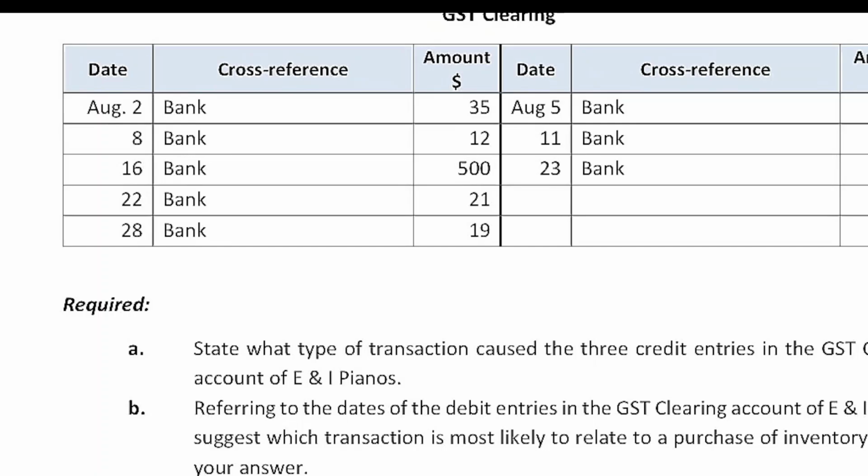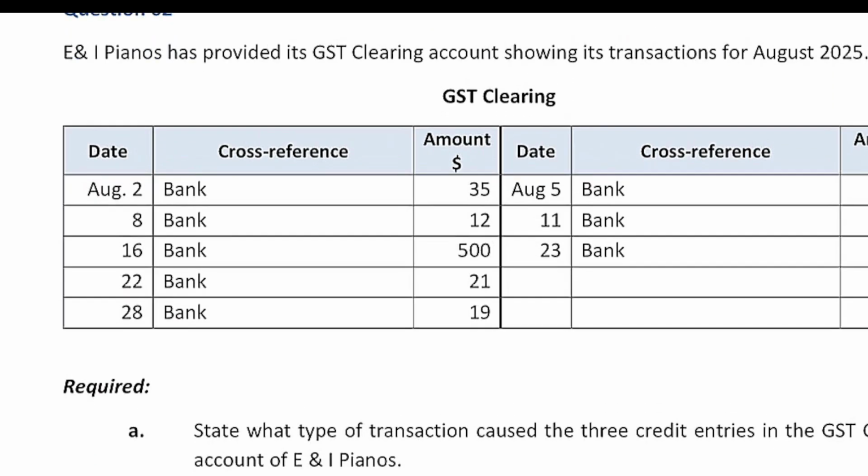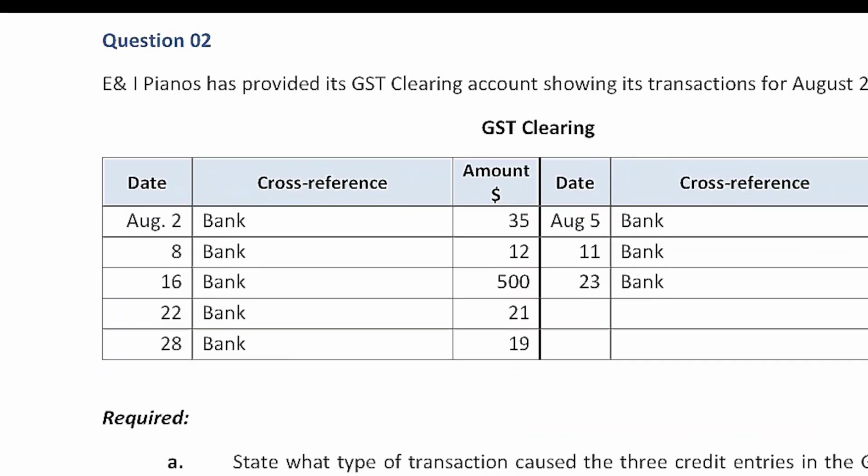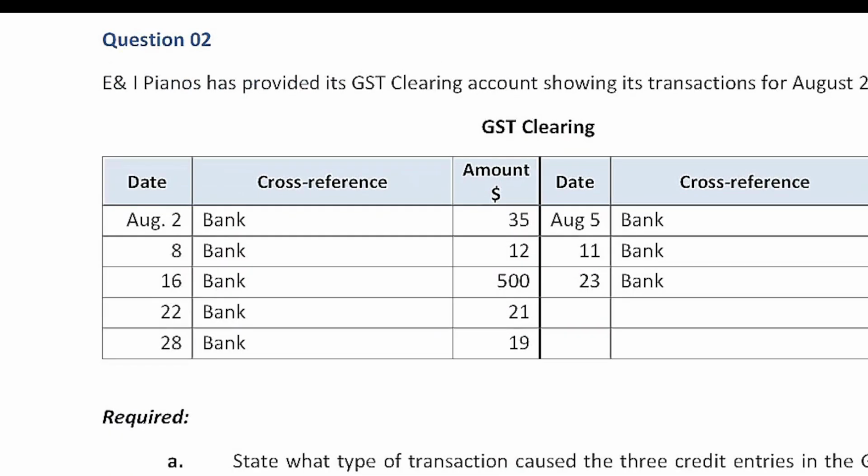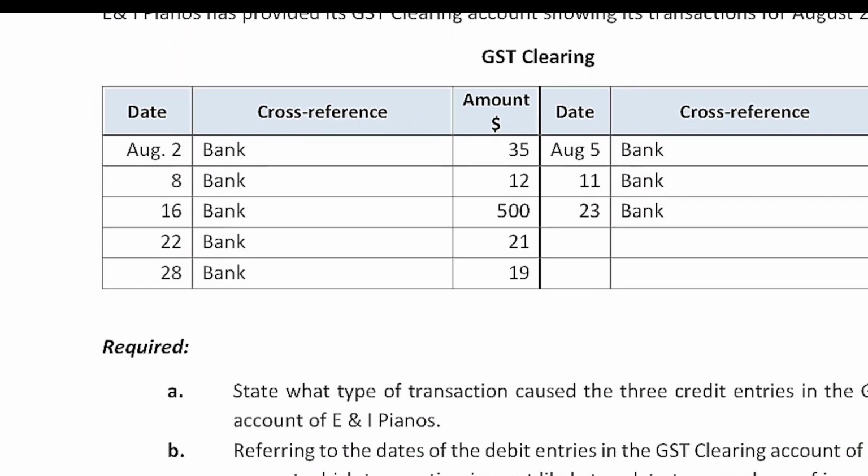What do you think, guys? What are they selling? What is their inventory? Piano. Which one can be related to the purchase of inventory, by looking at the GST?